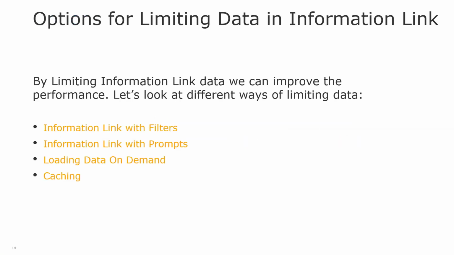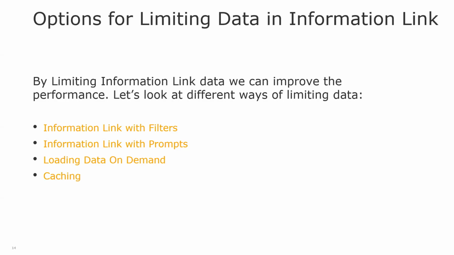Now, let's look at the different options we have for limiting data in an information link. My data, like what I'm showing you, has a limited number of records. But imagine you have data sources which have millions of records, and it is too much of an overhead to go to the database, bring the data, and then send it to the Spotfire analyst. So instead, you can bring in the data of your interest.